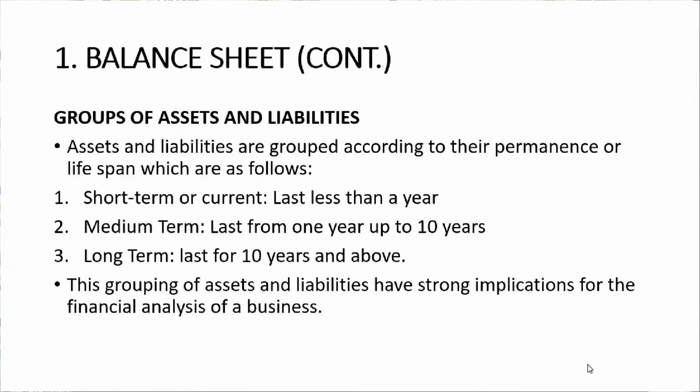Medium-term last from 1 year up to 10 years. Long-term last for 10 years and above. This grouping of assets and liabilities have strong implications for the financial analysis of an agribusiness.